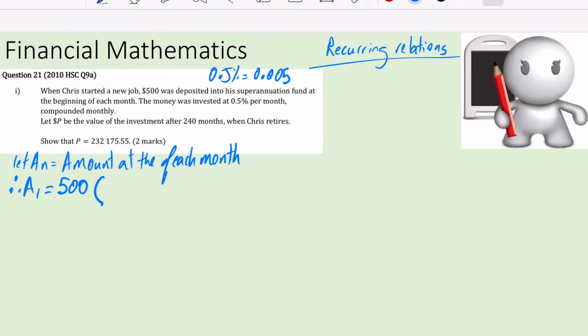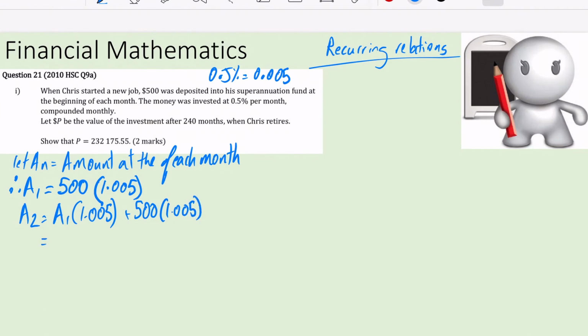So put that into the compound interest formula, and we're going to get 500 times 1.005. That's the amount of money that he's got at the end of the first month. Now, at the end of the second month, whatever he's got at the end of the first month is going to be compounded, plus the new $500 that he puts in at the beginning of the second month is also going to be compounded as well.